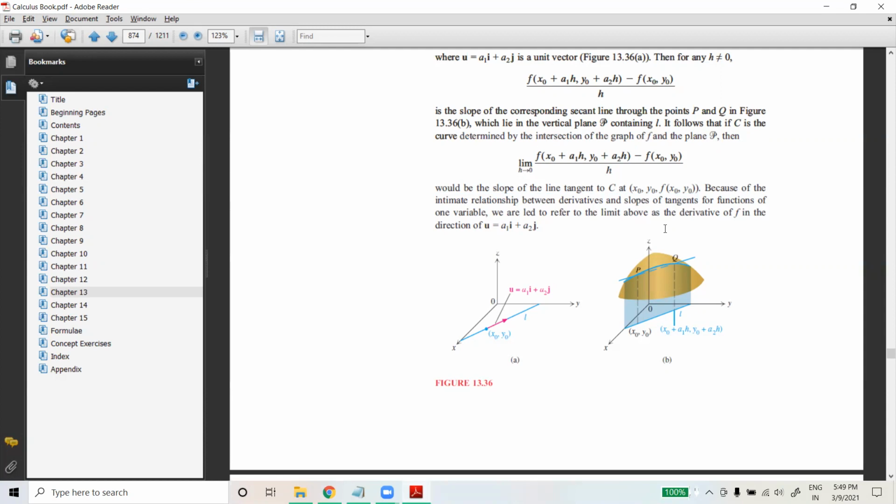So here also this particular derivative means the slope of the tangent line, but the slope of the tangent line in that direction, in the direction a1 i plus a2 j. Yeah, a1 i plus a2 j.